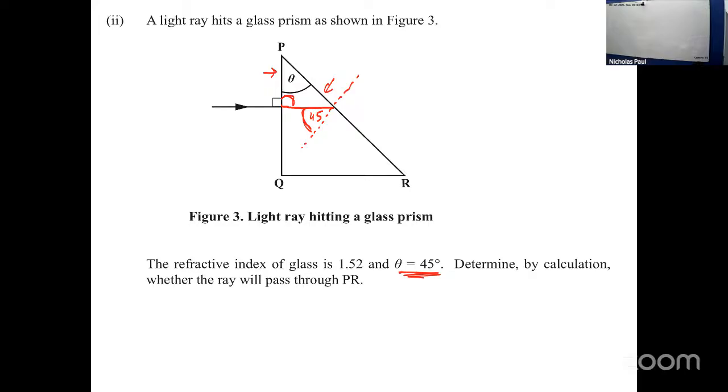Sana, you okay with that? Right, determine by calculation whether the ray will pass through PR. So what are they asking for, Keshav? Will the ray pass through PR? What are they asking you to find?